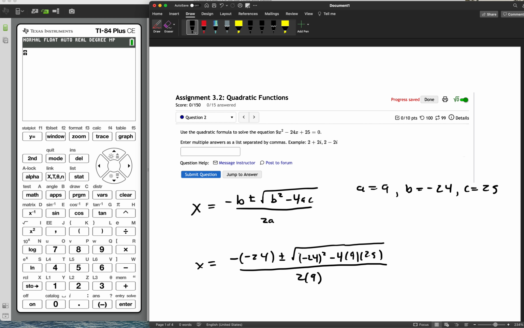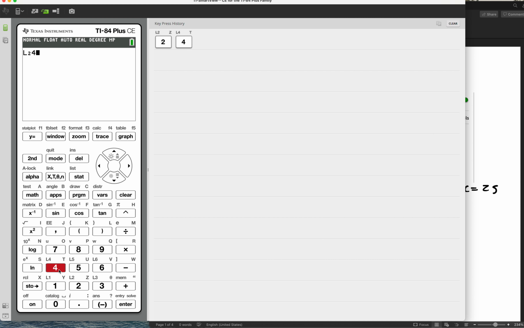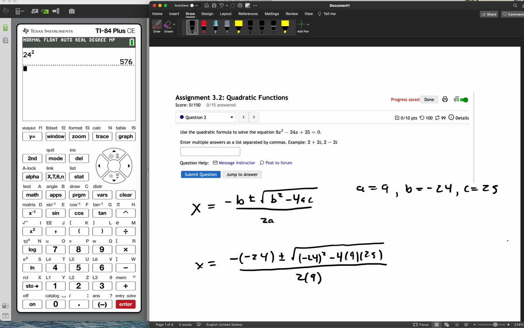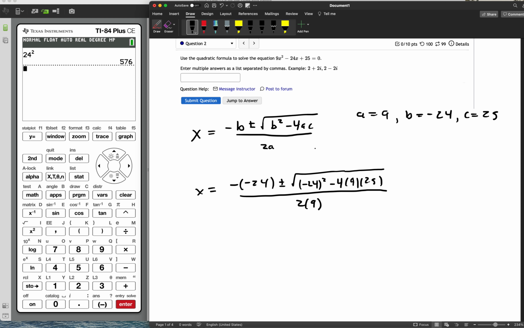You can use your calculator if you wish to do some of these computations. For example, 24 squared is 576. So we can write this out.